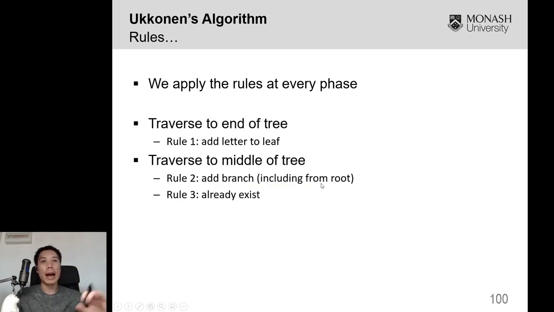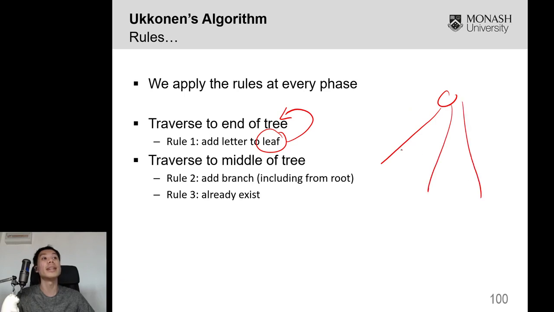So 3 rules. I'm going to modify it a little bit more, right? When it's rule number 1, which is about a leaf, you're going to reach the end of the tree no matter what, right? Because if you were to look at a tree, you're going to be at the leaf.